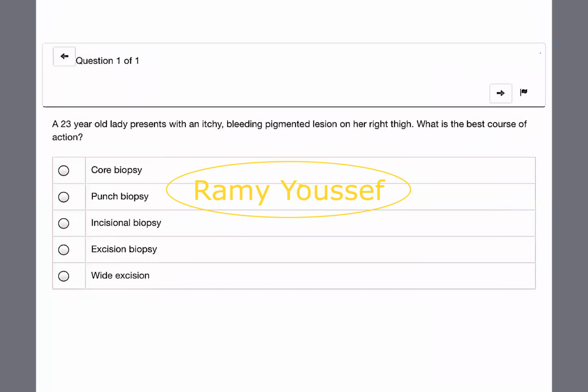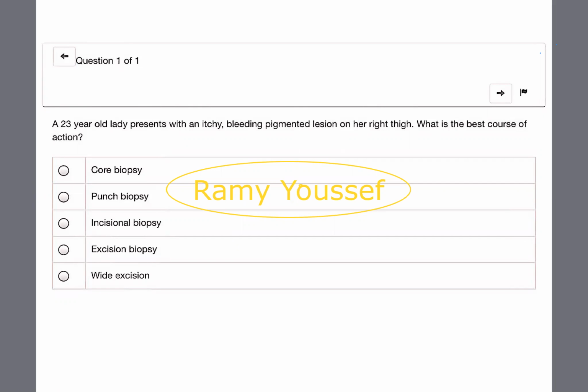Dr. Dafer, yes, go. A 23-year-old lady presented with an itching, bleeding, pigmented lesion on her right thigh. What is the best course of action? Core biopsy, punch biopsy, incisional biopsy, excisional biopsy, or wide excision? It is a bleeding, pigmented lesion.